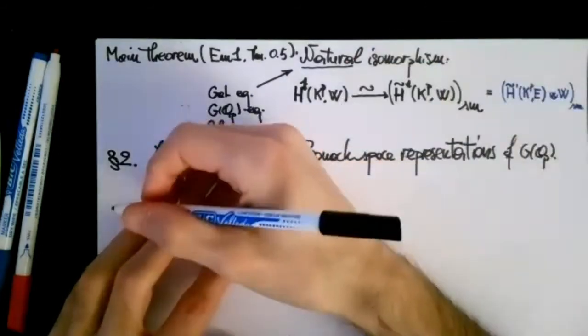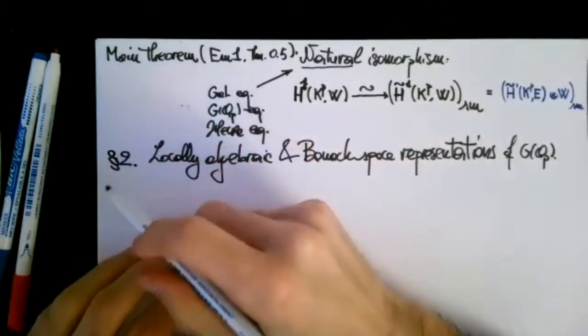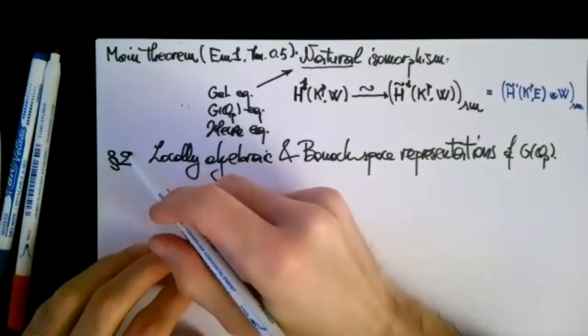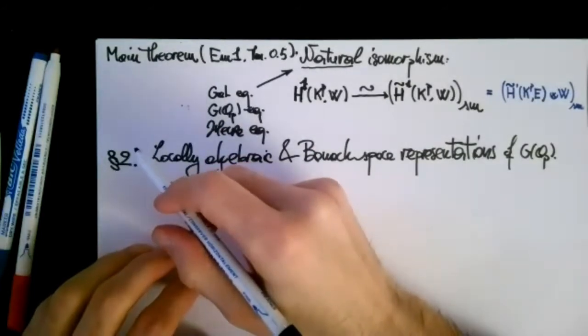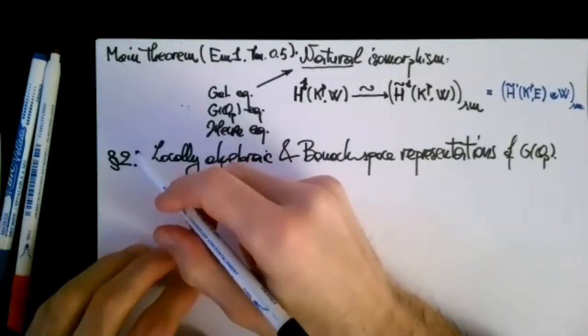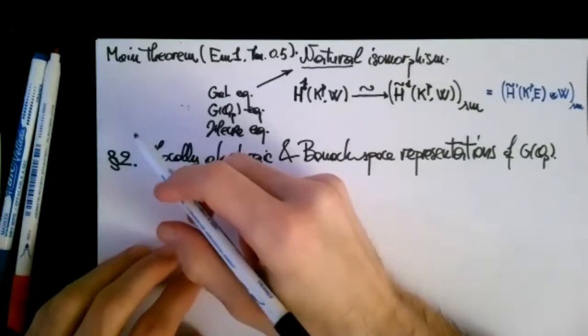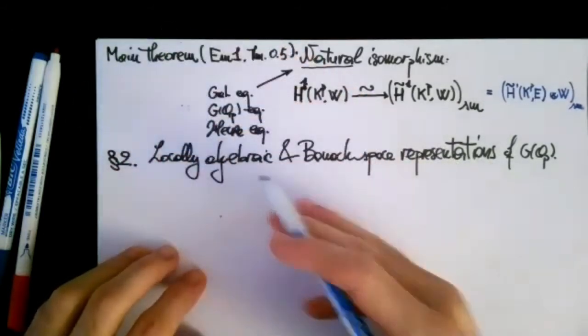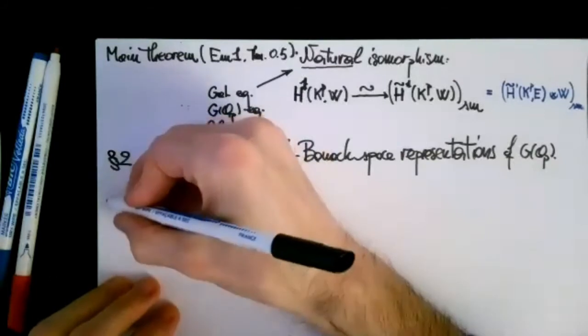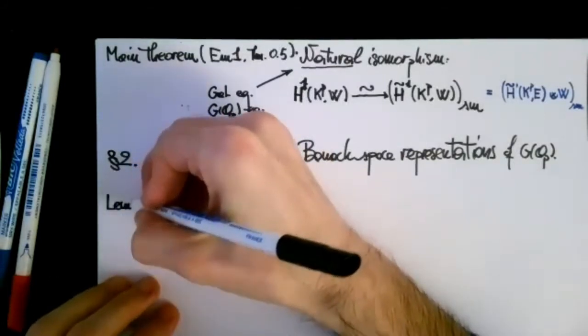All right. So the first lemma gives a characterization of locally algebraic vectors in a representation with E coefficients. So we have the following lemma.